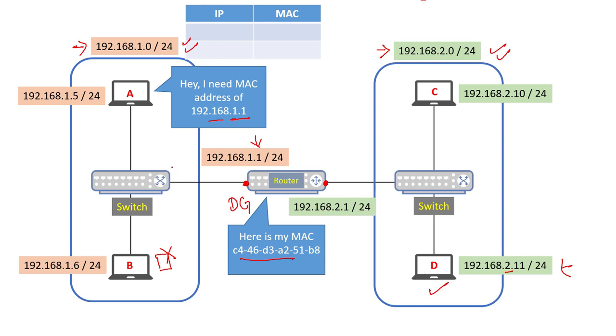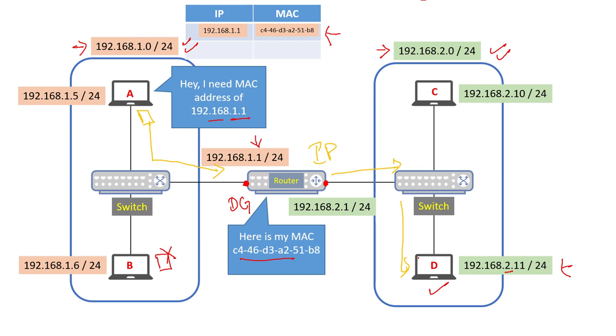Once the MAC address is received by device A, it will be recorded in the ARP cache, or ARP table. Now device A can send this packet to the router, the default gateway, and this router will check the destination IP, and then forward it to the switch, and the switch will then forward it to the destination device. And that is how it works.